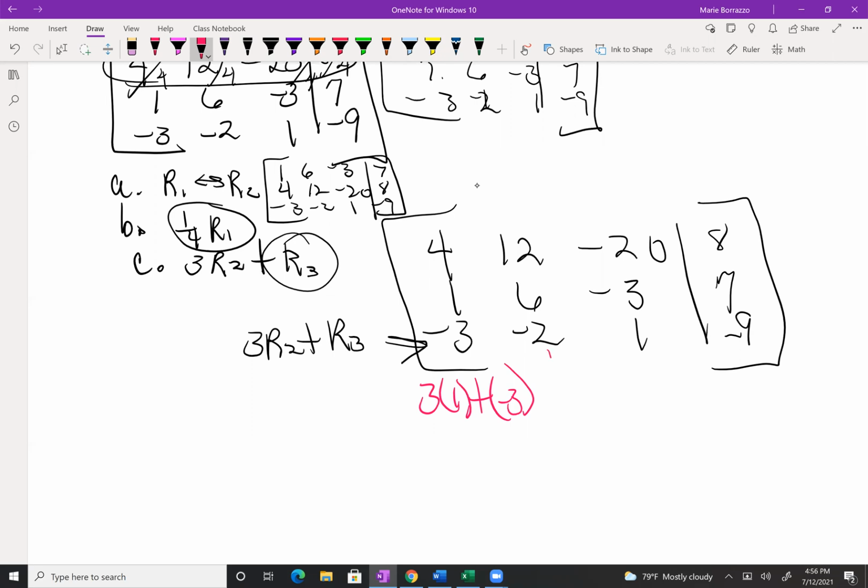Over here, this is going to be 3 times 6 plus -2. Over here, this is going to be 3 times -3 plus 1. And lastly, this is going to become 3 times 7 minus 9.